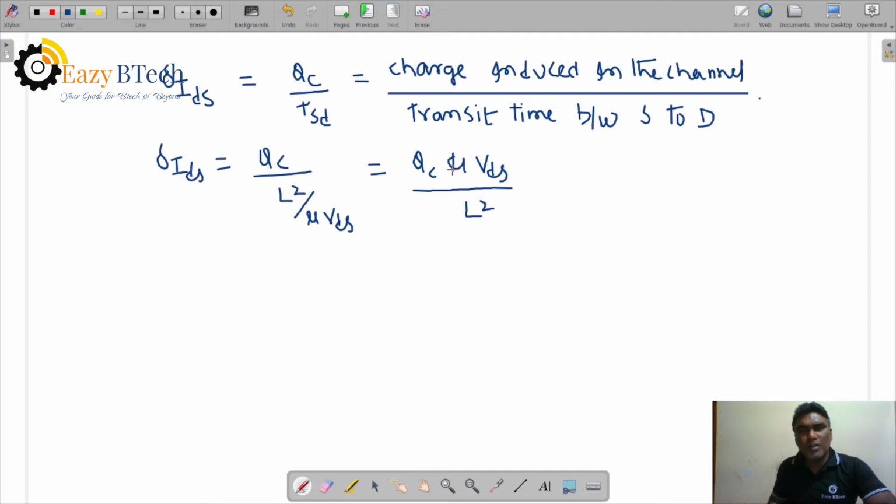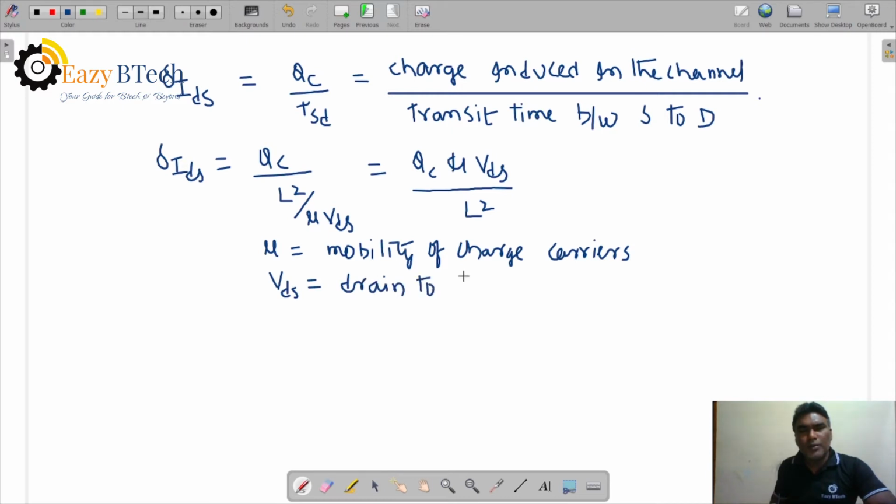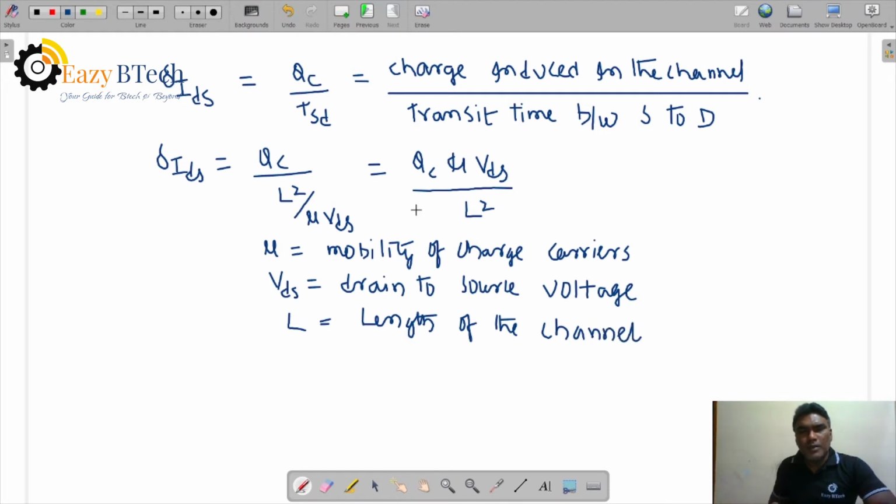L is the length of the channel, mu is the mobility of charge carriers, and VDS is the drain to source voltage.